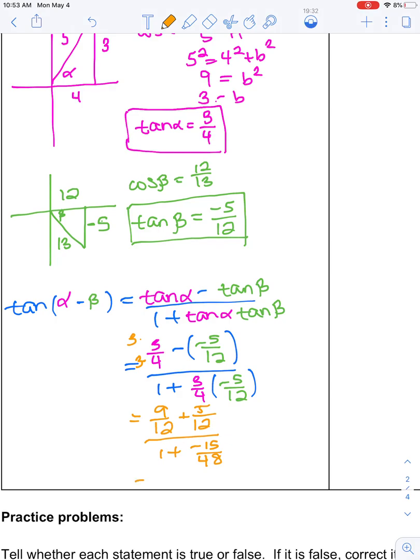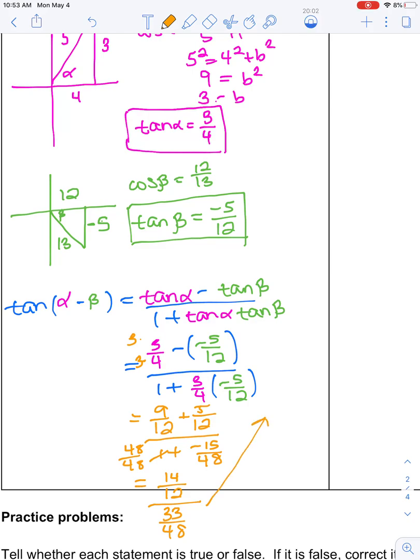So I'm going to rewrite the numerator as 9 plus 5, since I have the common denominators, which gives me 14/12. And in the denominator, this 1, I can think of as 48 over 48, and rewrite 48 over 48 minus 15 over 48 as 33 over 48.